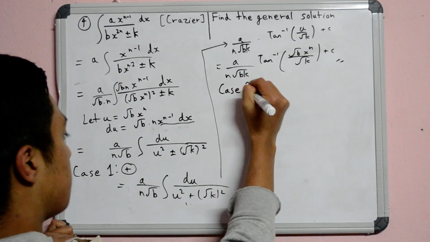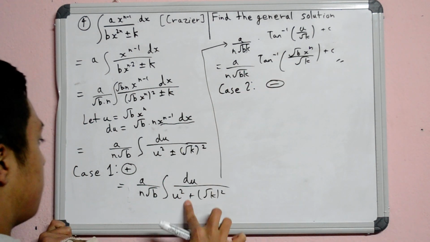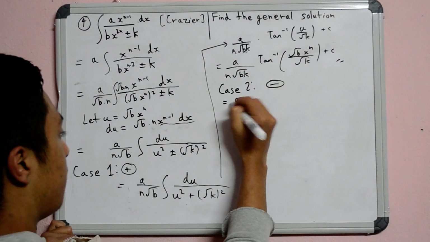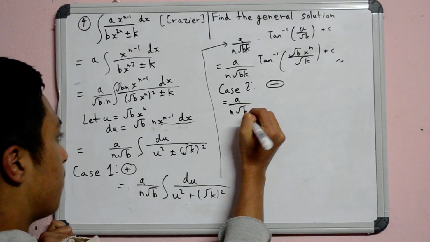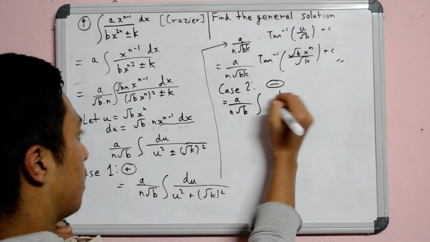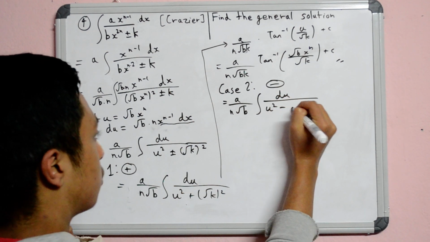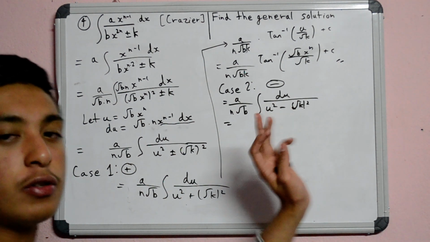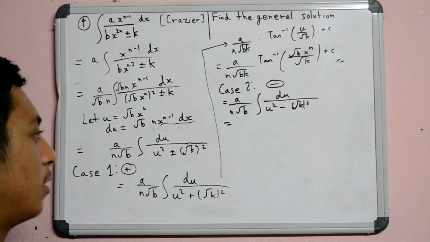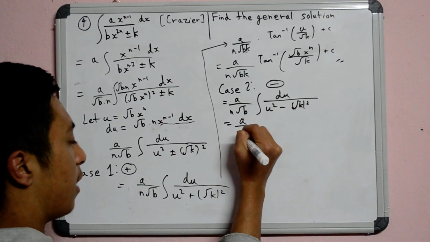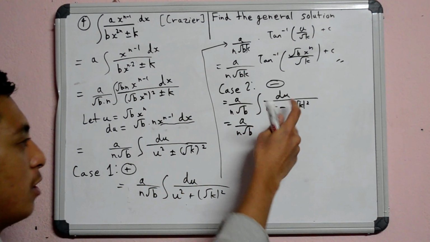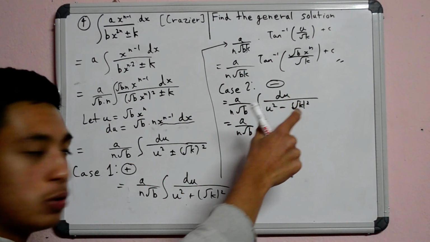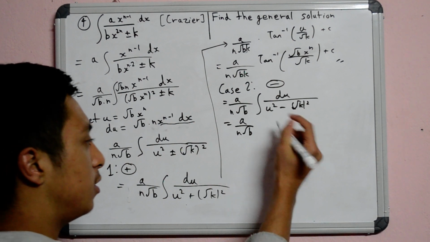Now minus, so it will be a over n root b, integration of du by u square minus square root of k whole square. Again here we'll have to use another formula where I'll just write the answer directly. For these special integrals, there's a formula.